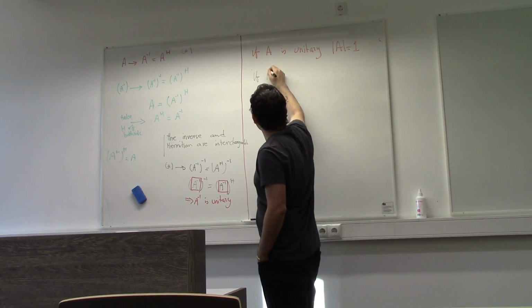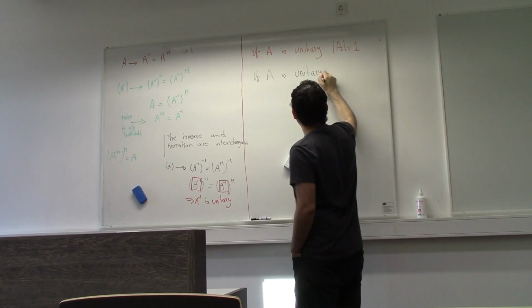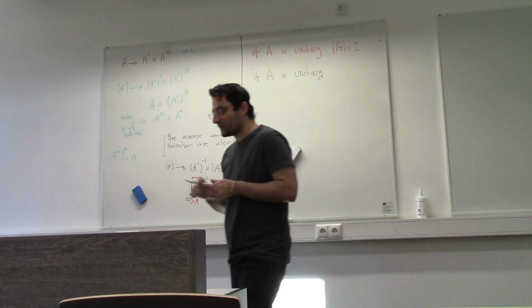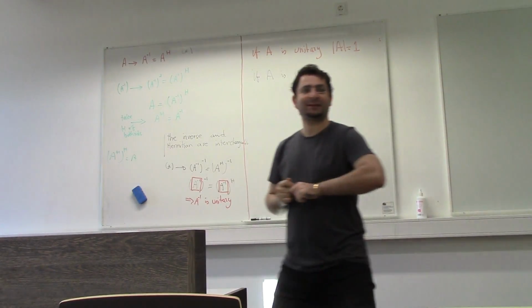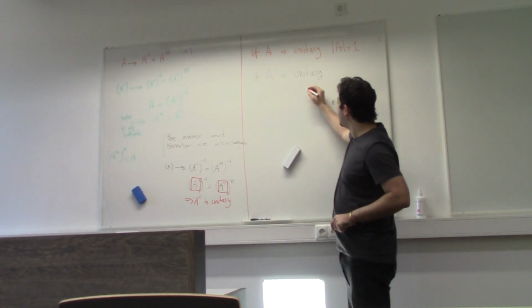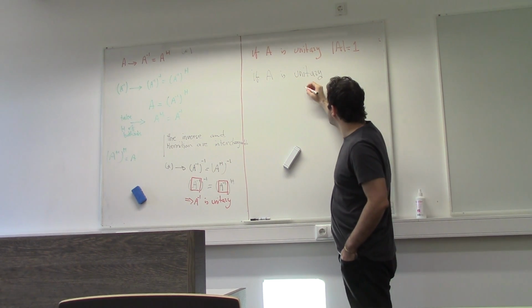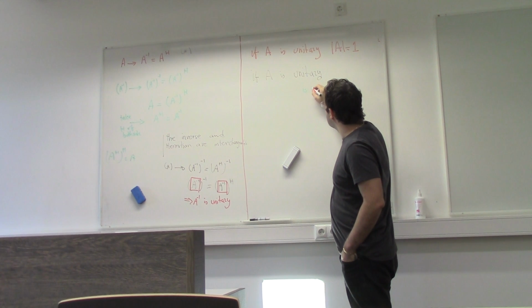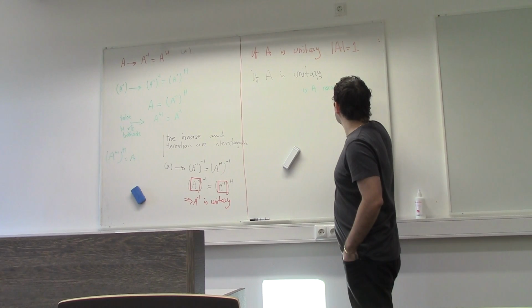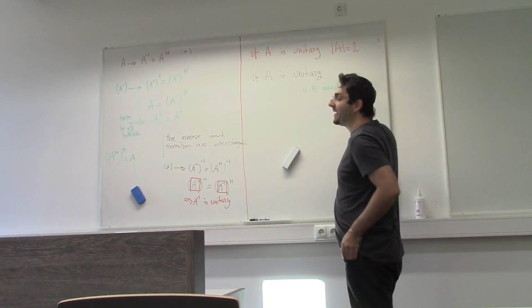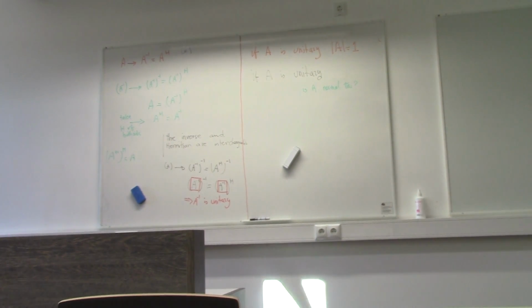If A is unitary, again, a question for you, 30 seconds to think. You don't need to write this green writing because I will erase it. Is A normal true? If the answer is no, why? If the answer is yes, why? So you have to choose.